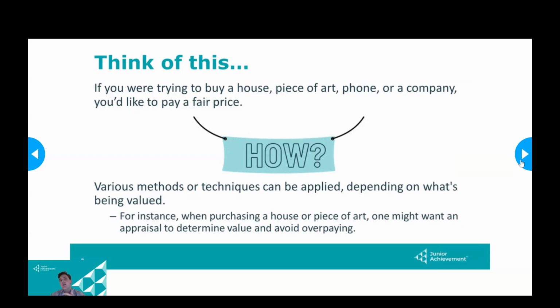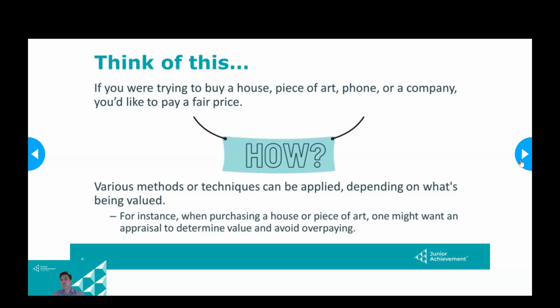Let's say you want to buy a house, and the house that you want to buy is currently asking $500,000. However, there are houses in the area, very similar build, very similar layout, similar lot size, basically very similar to the house you want to buy, but those homes are asking 300, 350, 375.